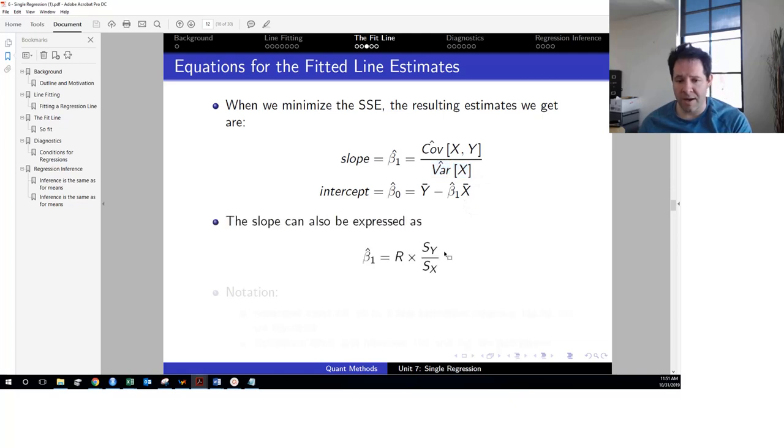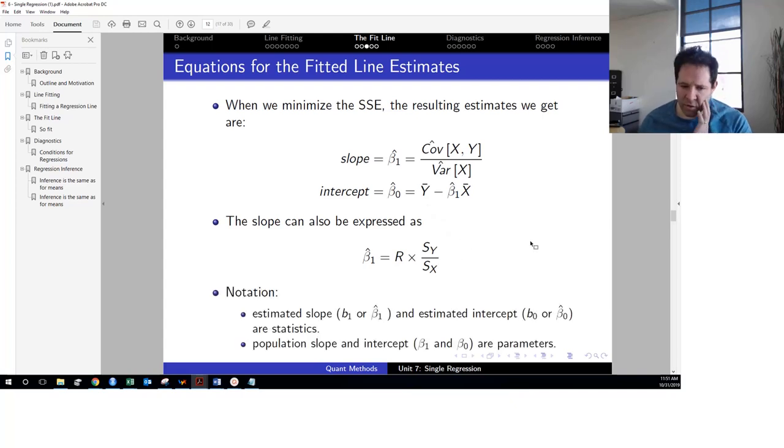If you write that out and cancel one of those standard deviations, you get another nice form: the slope of this regression line, which we denote as beta 1 hat, equals the correlation between x and y times the standard deviation of y divided by the standard deviation of x. So we have a couple of different ways to compute this depending on which information we have available to us.